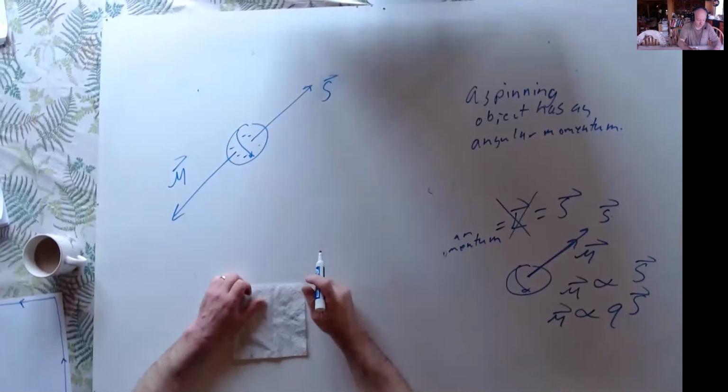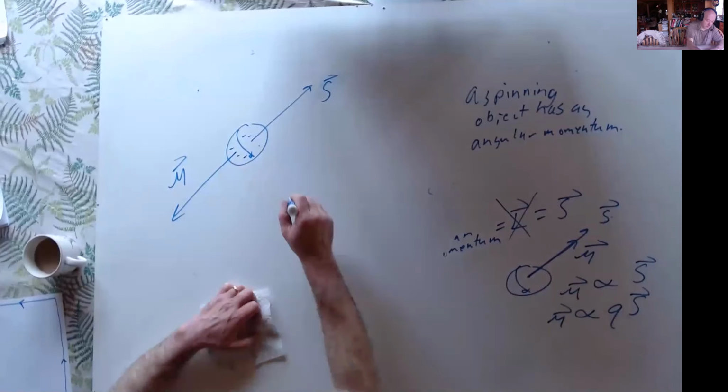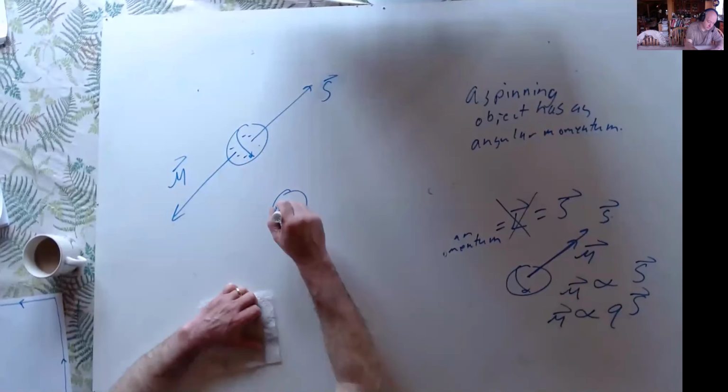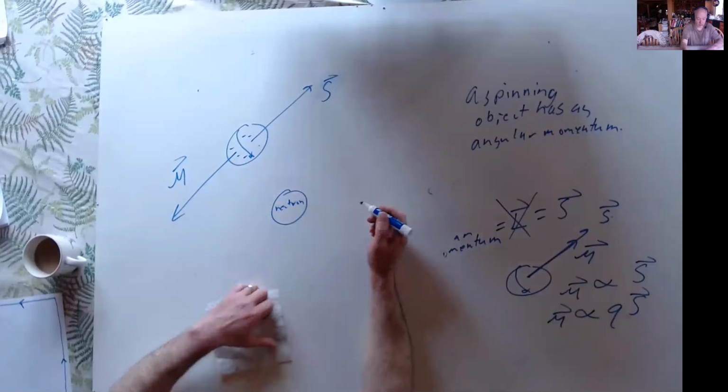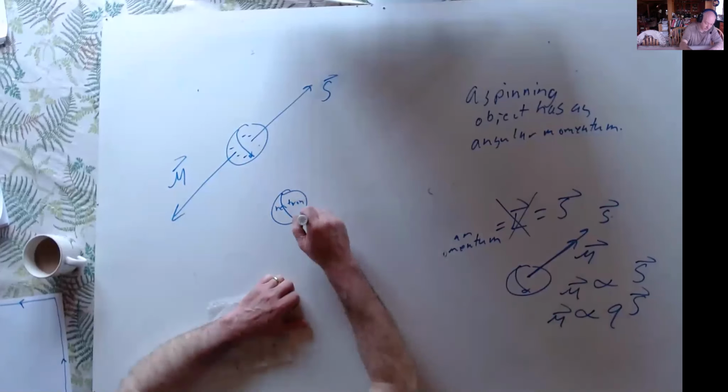Okay, now here's the funky thing. Let's say instead I had a neutron. Here's a neutron. A neutron spins like this.